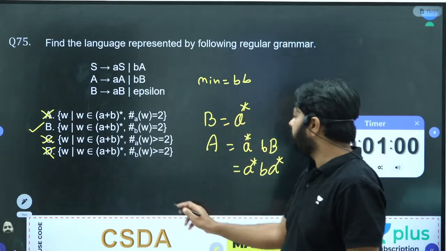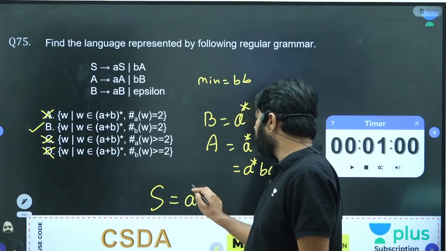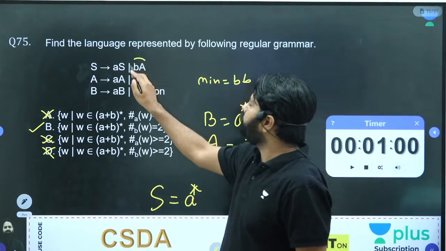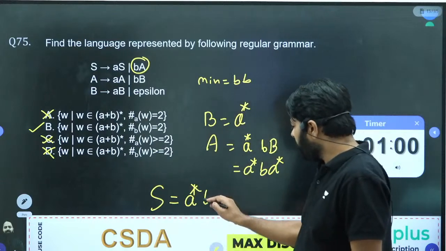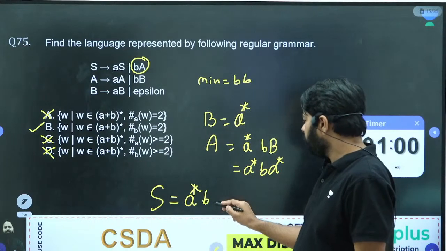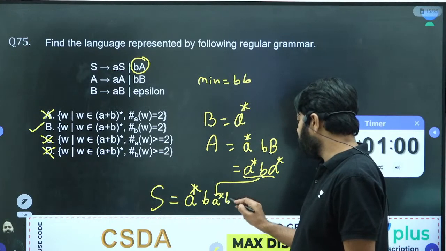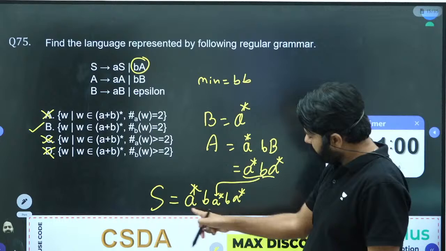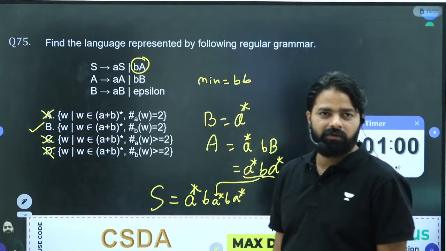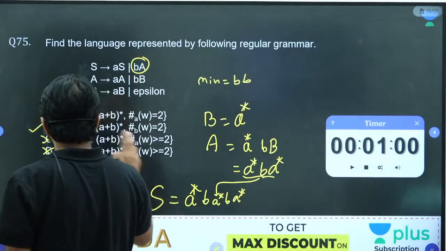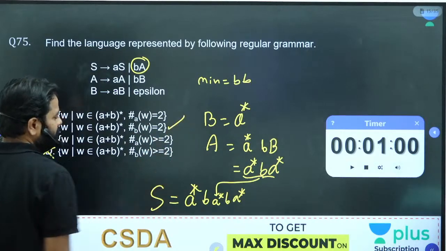And S is A star, and here you should substitute the expression for capital A, so A star B A star B A star. When you look at this, it is the exactly 2 B's expression, correct? So that way also you can understand why B is correct.